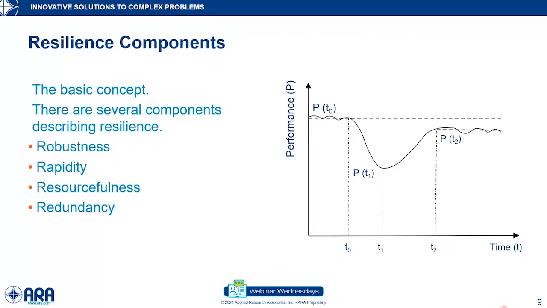Here's the typical resilience components chart. It was introduced before, but what I want to deliver out of this one is that, if you look at the plot here to the right, you have performance on the vertical axis. That's basically what you're trying to maintain at a high level. And then you may have a disruptive event.